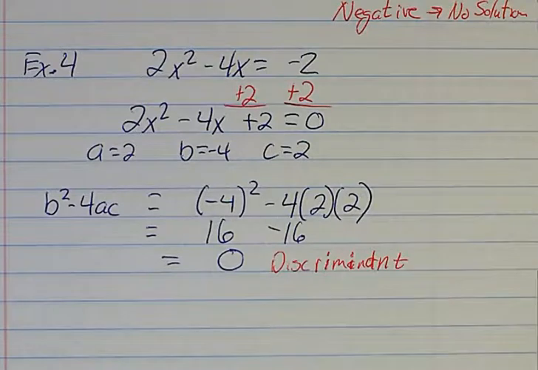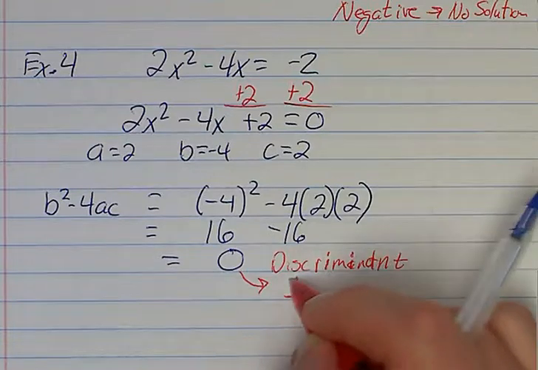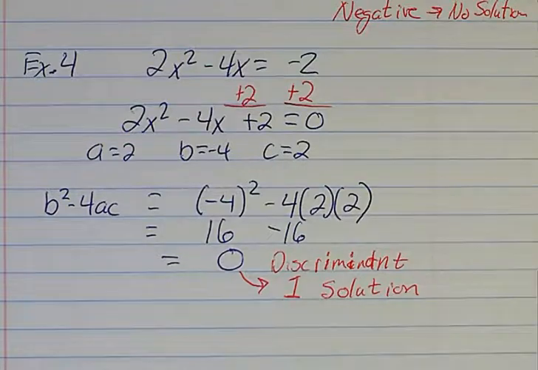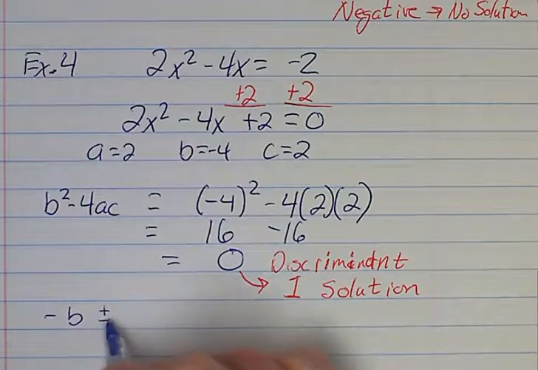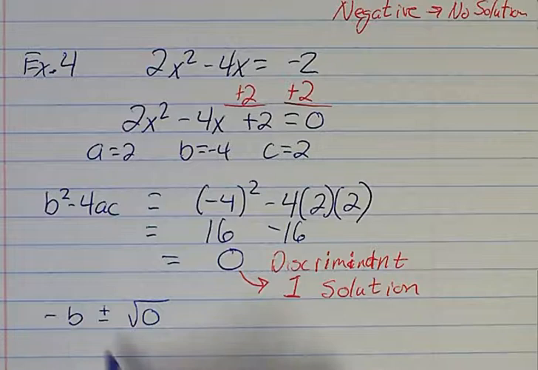Okay, and if your discriminant is 0, then that means that you only have, there you go, one solution. And when we're doing the one solution, it becomes really easy, because if you plug it into the quadratic formula, and we're plugging the 0 here, if we square 0, that's going to go away, right?